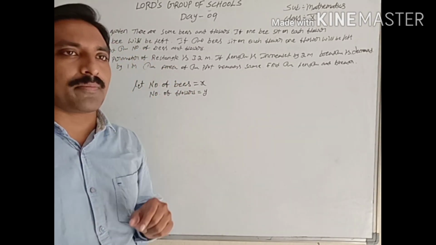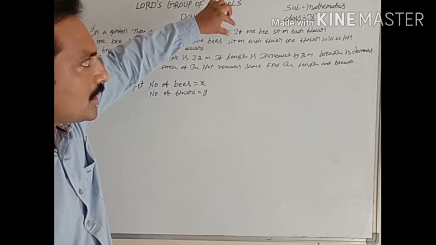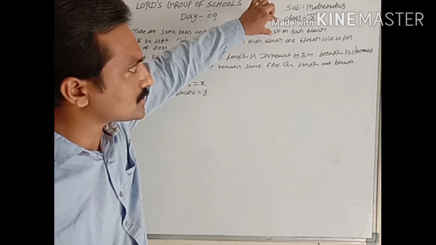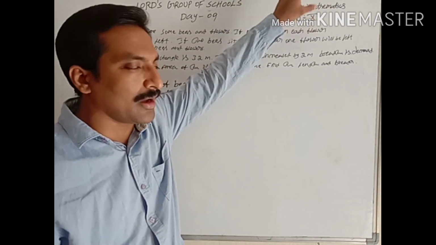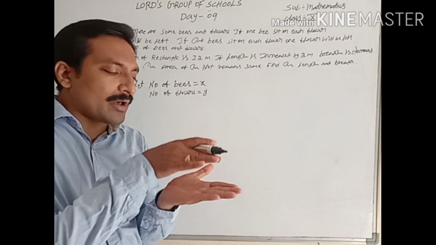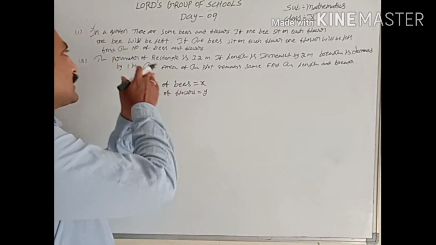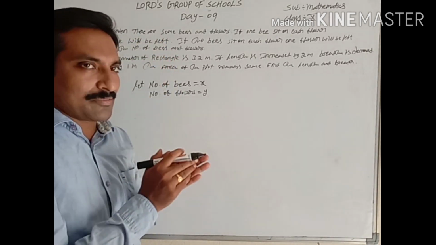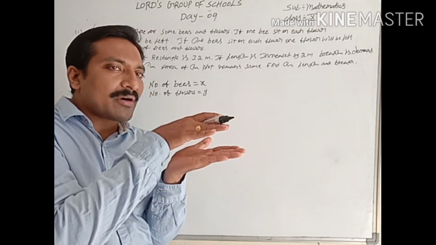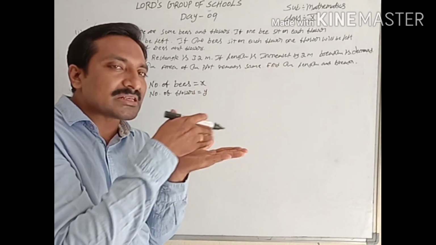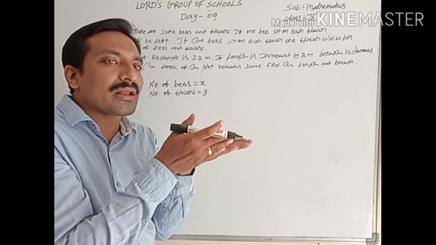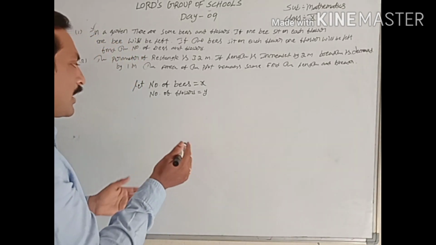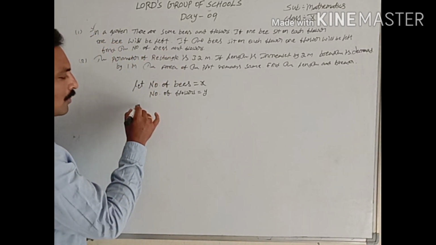Here the conditions are mentioned in the problem. If one bee sits on each flower, means on each flower only one bee is sitting, then one bee will be left. Means in this case, the flowers are one less. So now we have to write the condition.